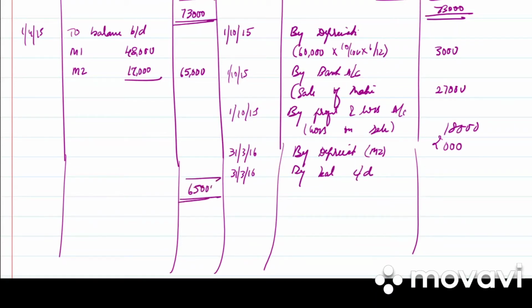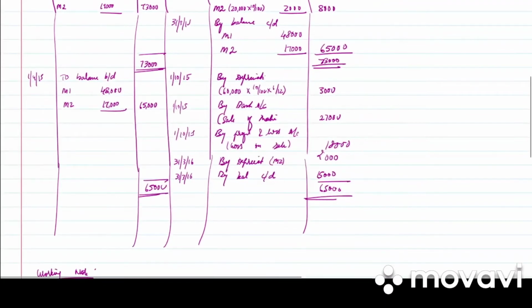The total is 65,000. 65,000 minus 3,000 minus 27,000 minus 18,000 minus 2,000, we get 15,000. Clear?